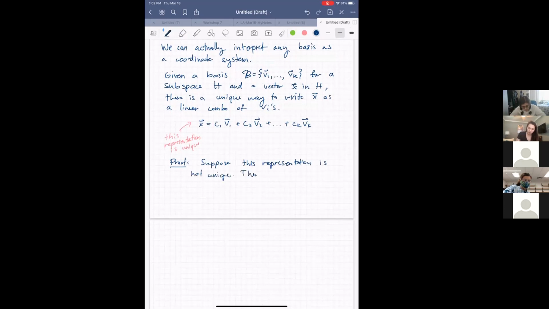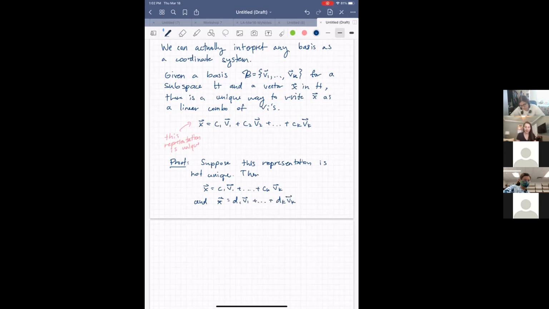Then we can write x as this linear combination of the vi's, using the constants c1 up to ck, and we can also write it using different constants, say d1 times v1 up to dk times vk, right?